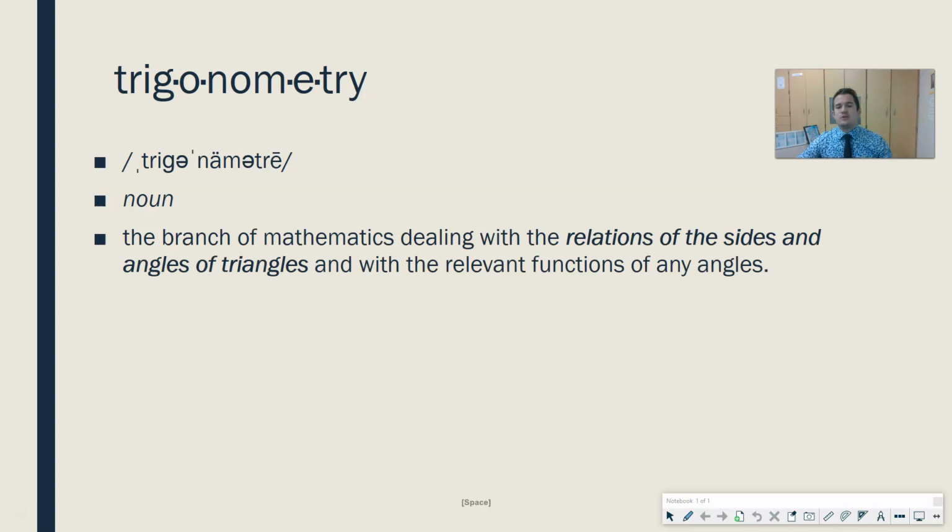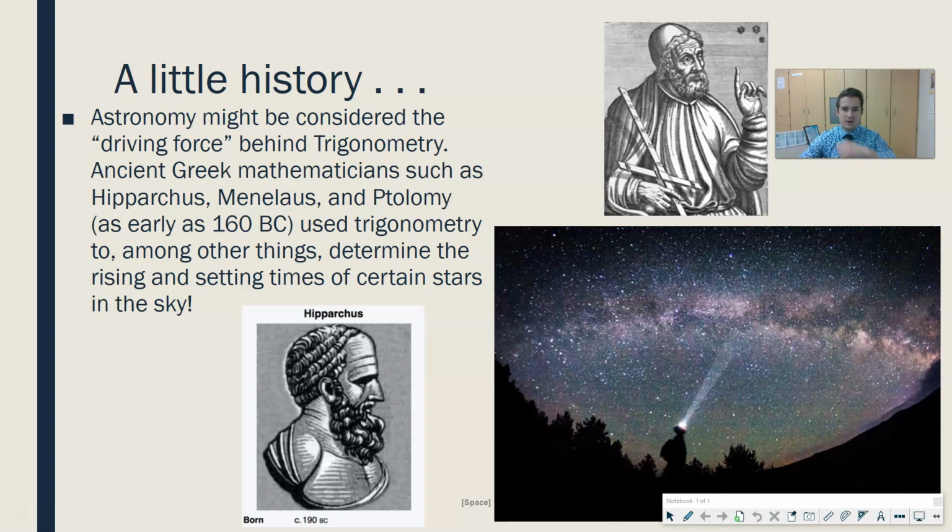Trigonometry is the branch of mathematics dealing with the relations of the sides and angles of triangles. We're going to be doing a lot with triangles, their angles and sides, specifically in this unit with right triangles. There are lots of really cool things that pop up with right triangles.